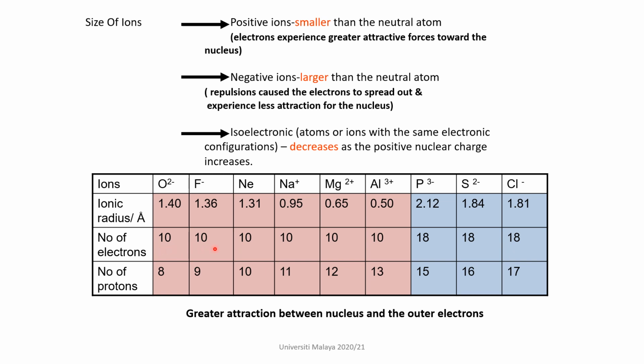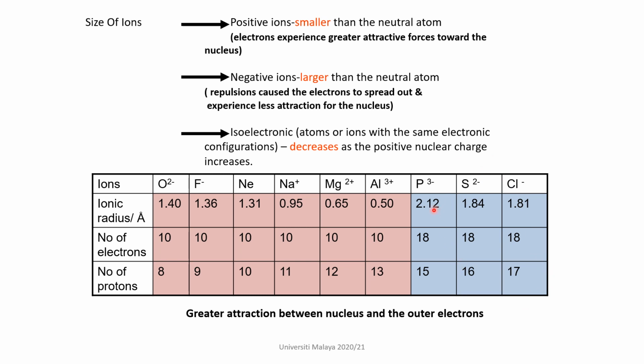All have 10 electrons, but different proton numbers, so different nuclear charge. So the one with the higher proton number will have the smallest size because the Zeff of this cation increases.